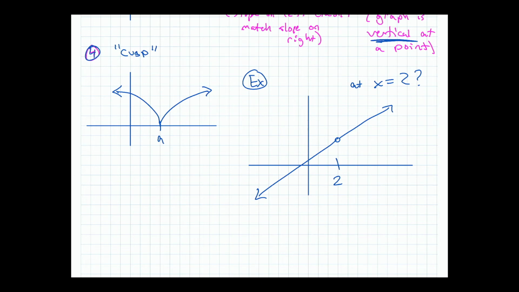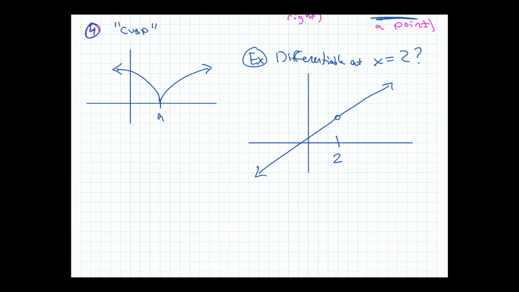We were talking about differentiable. Differentiable at x equals 2. What do you think? No. Why not? Because it's not continuous at x equals 2. Okay, so there you go. Those are some of the cases where a graph would not be continuous. You just need to be able to identify them on a graph.